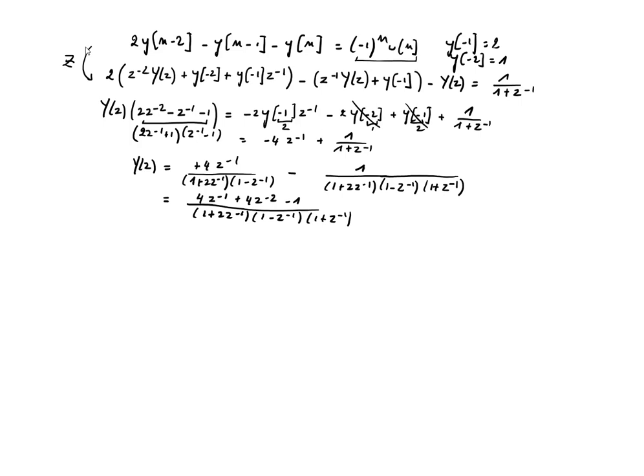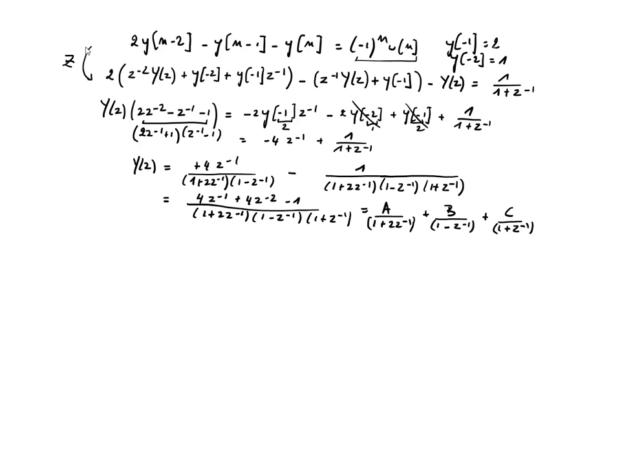And this you can write as a over 1 plus 2z^-1 plus b over 1 minus z^-1 plus c over 1 plus z^-1. So it's a third order denominator. Remember that the variable is z^-1 and the highest order is z^-3, so the third power of z^-1. We need 3 constants, and this is indeed what we've got.